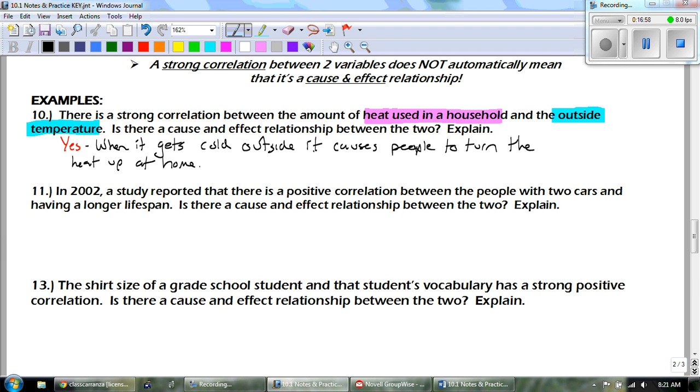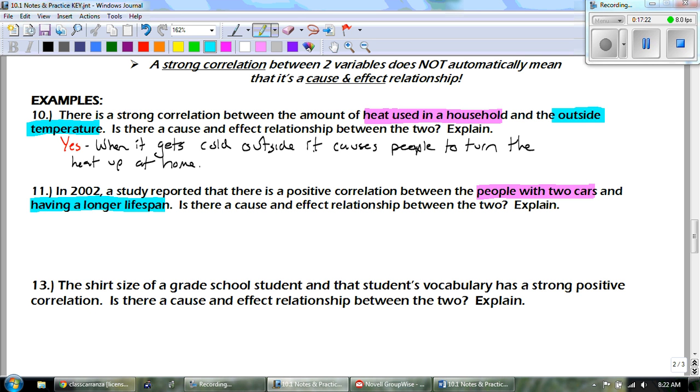All right, in 2002, a study reported that there's a positive correlation between people with two cars and having a longer lifespan. Is there a cause and effect relationship between the two? So the two things that we're talking about are people with two cars and having a longer lifespan.